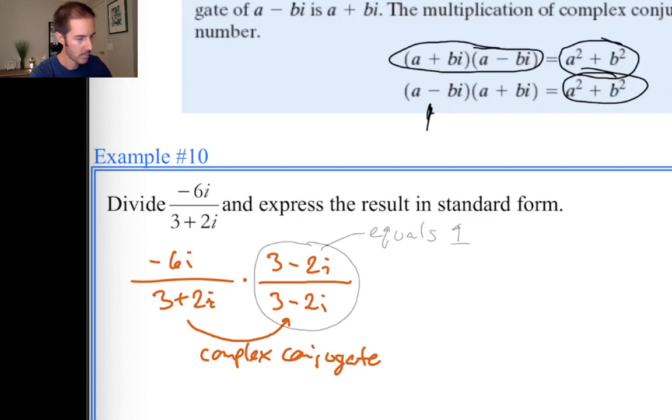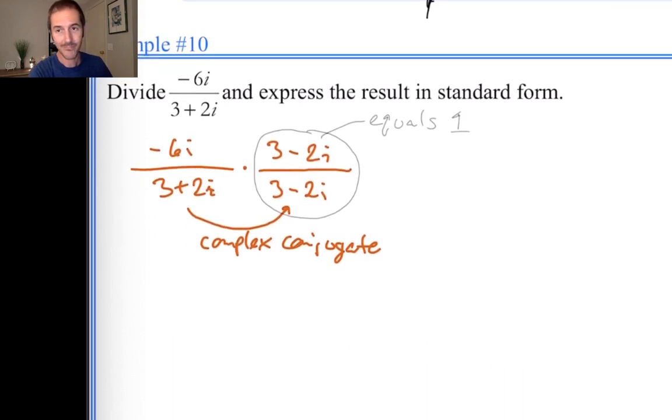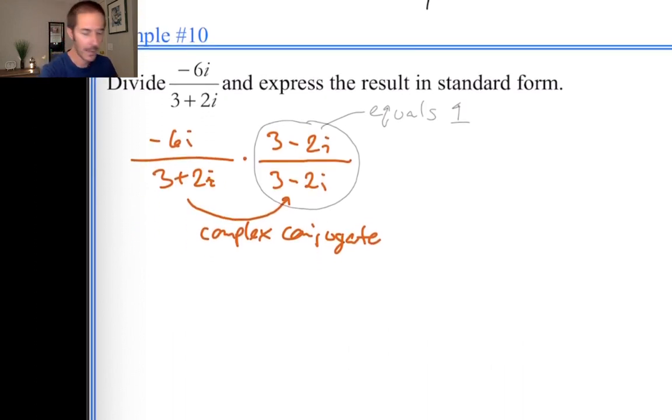Good. And now we have to actually do the multiplication. Sorry to be the bearer of bad news. So in order to make the most sense out of that, maybe we should write this one more time. Let's write it as one big fraction.